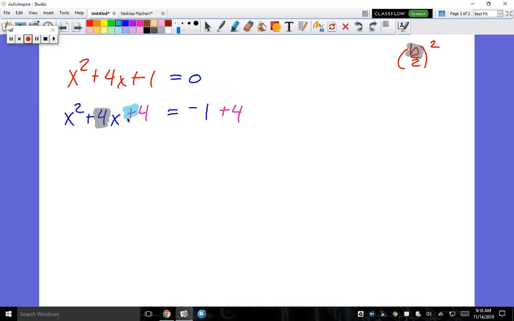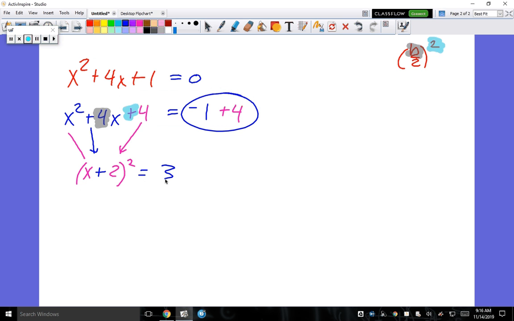Guys, will this number always be positive? It will. Why? Because you're squaring. Okay? So now this is that perfect trinomial. The square root of x squared is x. The square root of this 4 is 2. It's raised to the power of 2. We're going to borrow that sign. And we're done. Is equal to 3.